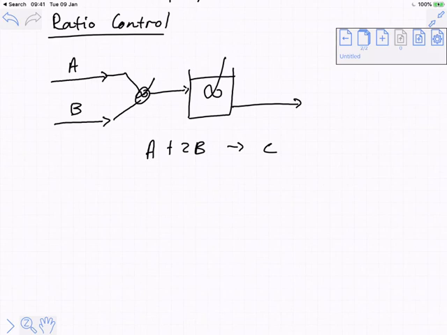And the simplest mechanical version of ratio control is, now I think you have to take into account a lot of our previous discussion to understand the exact configuration that we have here.